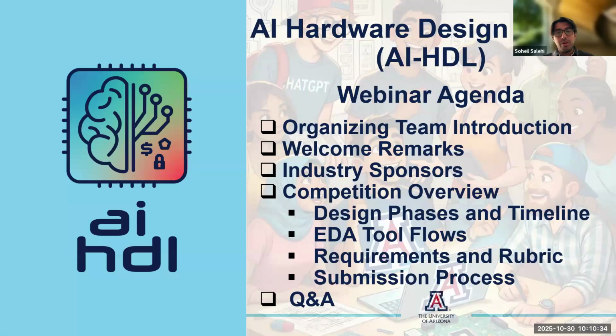Today, we're just going to go over the general overview of what the competition is about and talk about the different design phases that we have, the timeline, and the tool flows that you will have access to use for this competition. We will talk about the requirements for submissions and the rubric for scoring your submissions, as well as details of the submission process. At the end, we will have a Q&A section where you can ask your questions and we'll provide you answers.